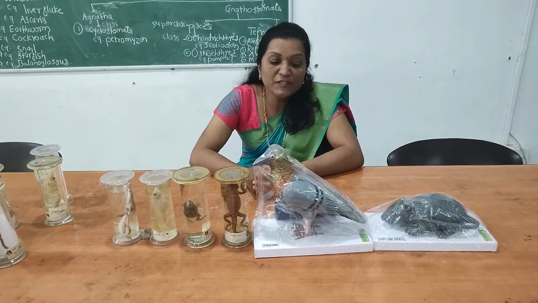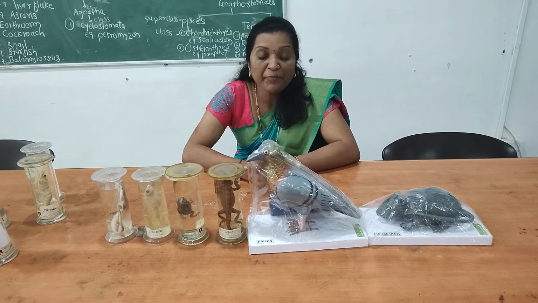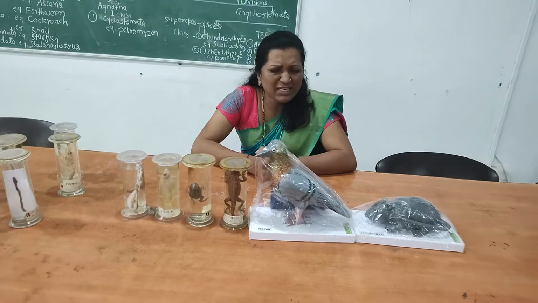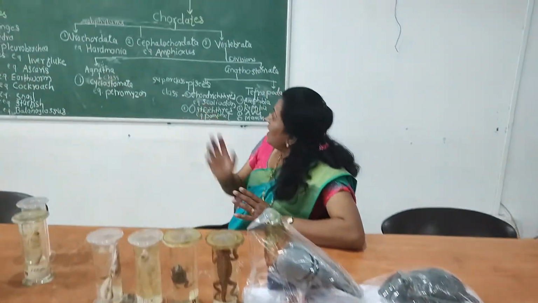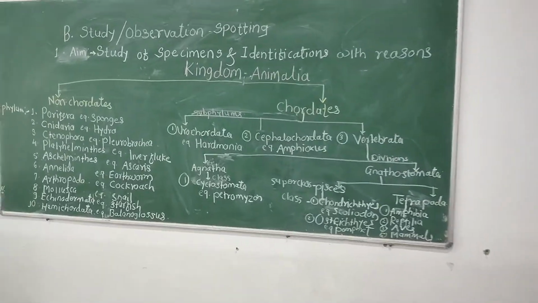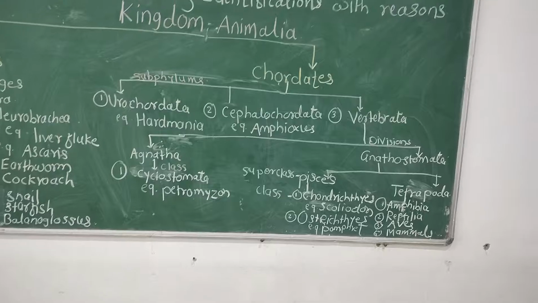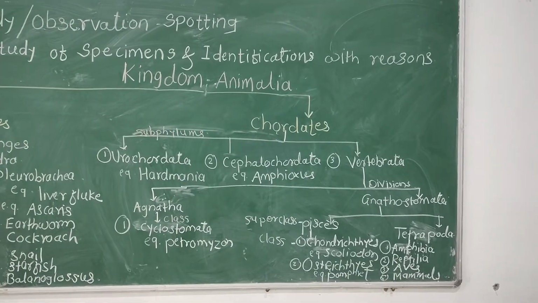Now the circulatory system is of closed type, with red blood cells having hemoglobin as a respiratory pigment. So these are a few characteristics of chordates. In the chordates, as we have studied, there are three subphylums: Urochordata, example Herdmania; Cephalochordata, example Amphioxus; and the third subphylum is Vertebrata.